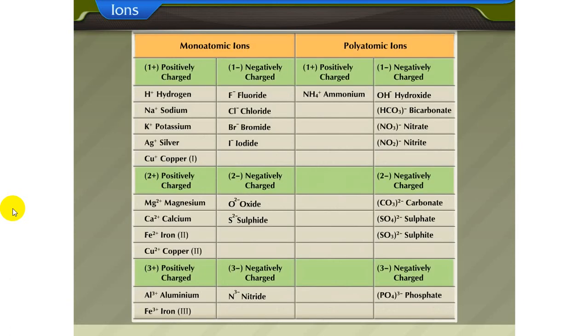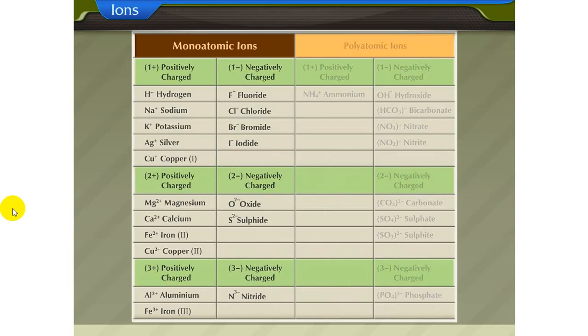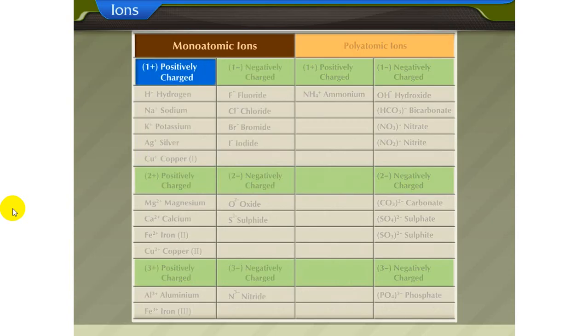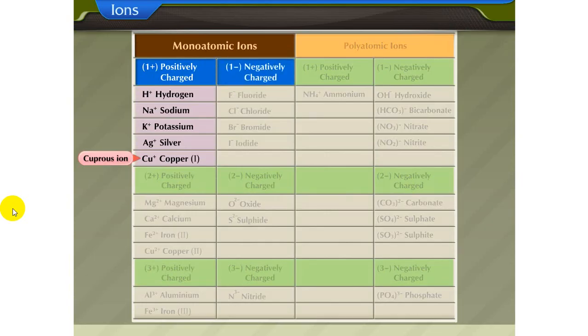Let us see some examples of monoatomic ions. Positively charged ions with 1+ charge are hydrogen ion, sodium ion, potassium ion, silver ion, and cuprous ion. Negatively charged ions with 1- charge are fluoride ion, chloride ion, bromide ion, and iodide ion.